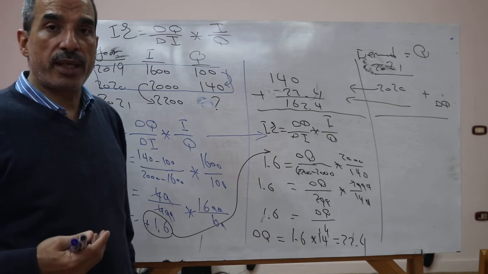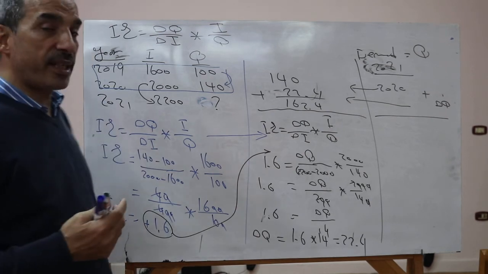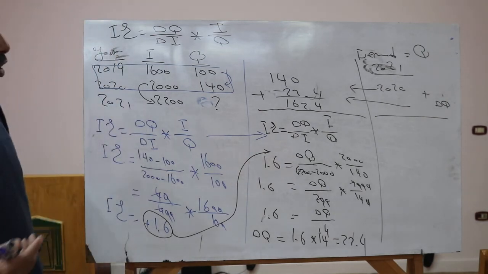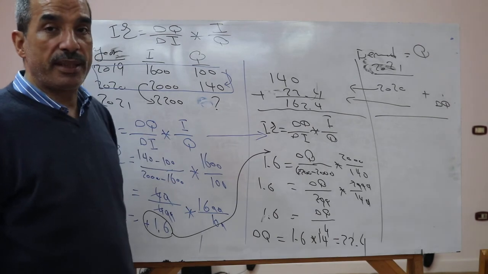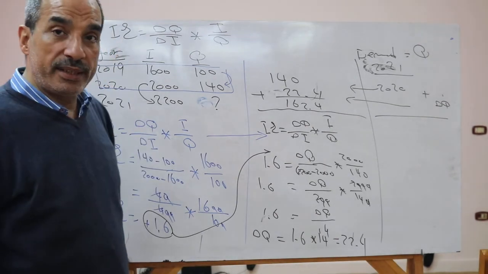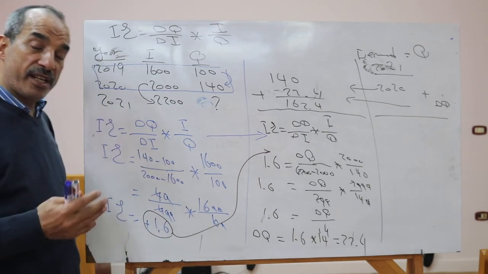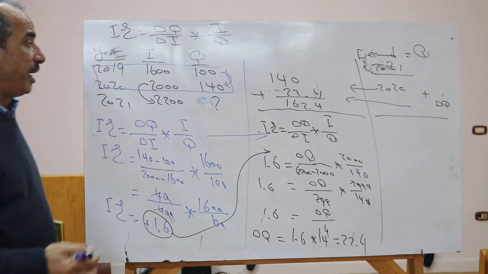Now talk about income elasticity. Income elasticity meaning we have a positive relation between income and quantity. When the income increases, the quantity must increase.